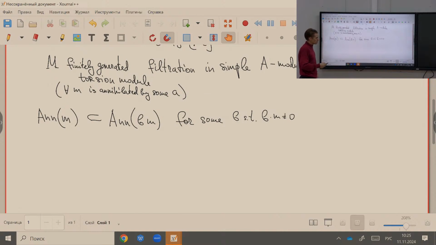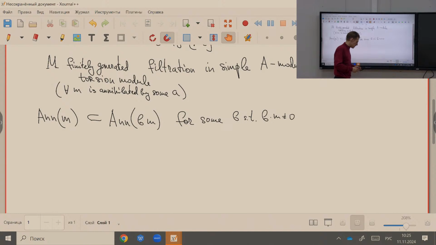For example, in a vector space without any action of a group, the smallest simple module is a one-dimensional vector space.